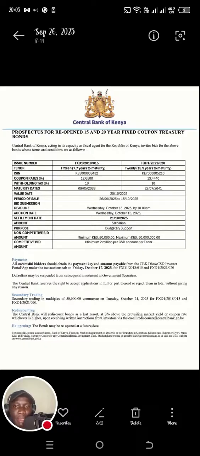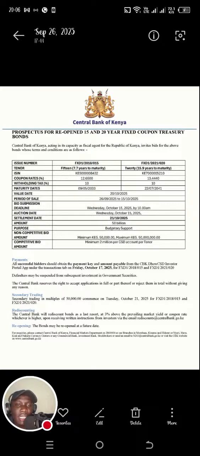The payment key is the number that you'll take to your commercial banker and request them to do the transfer to the Central Bank of Kenya for you. That process will take some 2 days, but by the time you get to the 21st of October 2025, your money ought to have reached the Central Bank of Kenya.